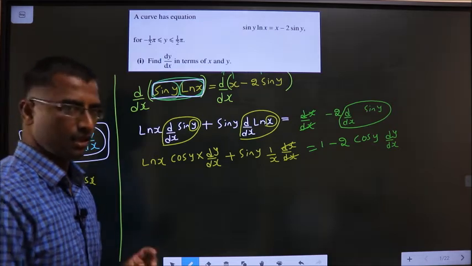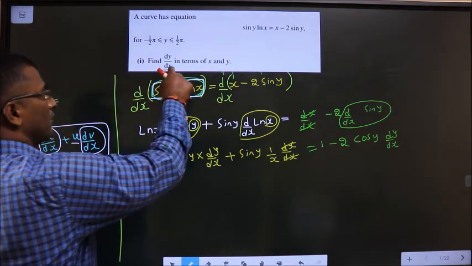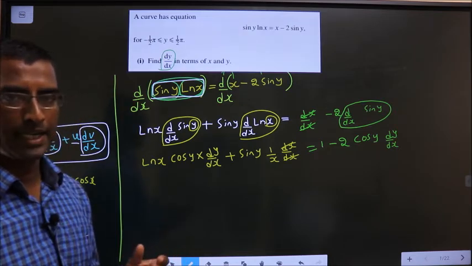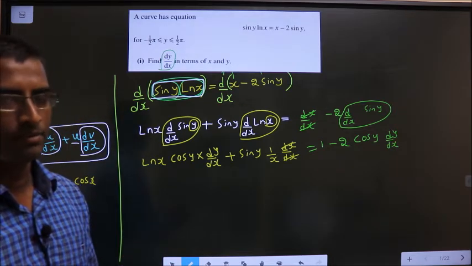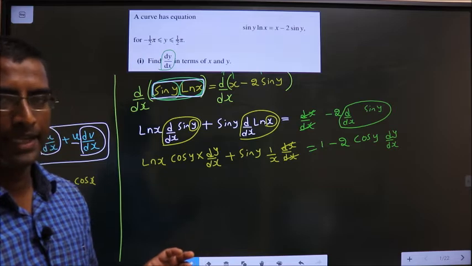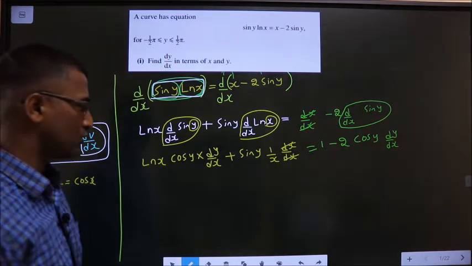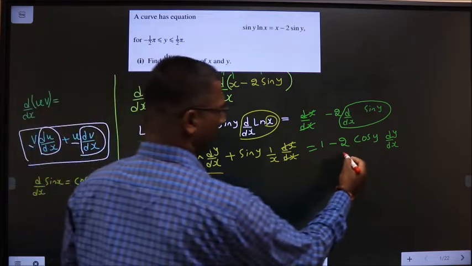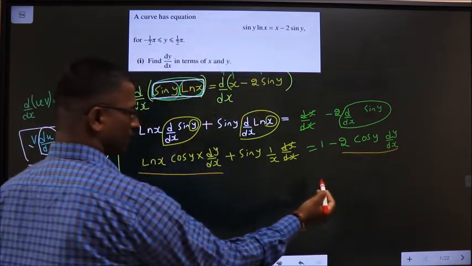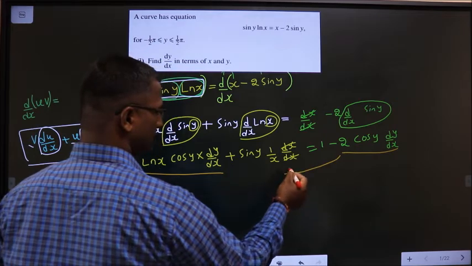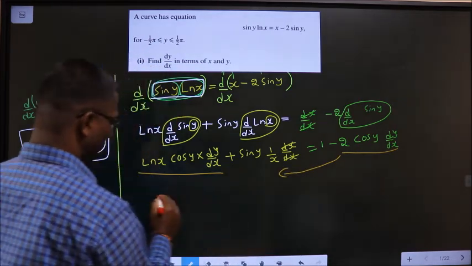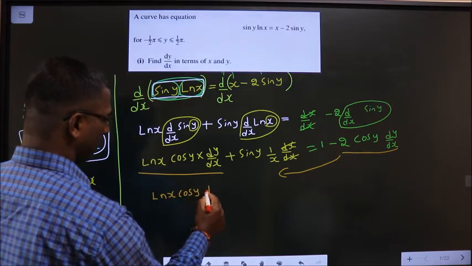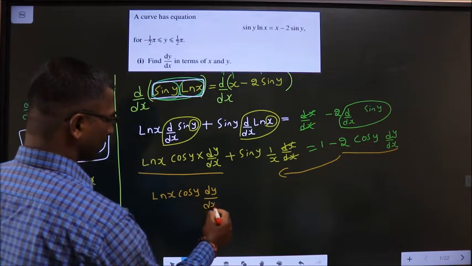Clear with this? Now I want to get dy by dx. So get all dy by dx terms on one side and then make dy by dx the subject. So dy by dx is present over here and over here. So what I do is I shift this thing to this side. So what do I get? ln x cos y dy by dx.